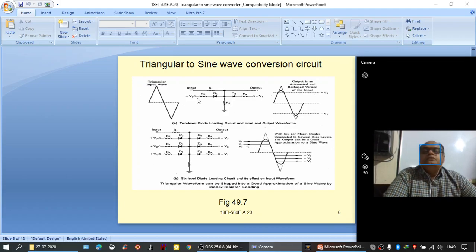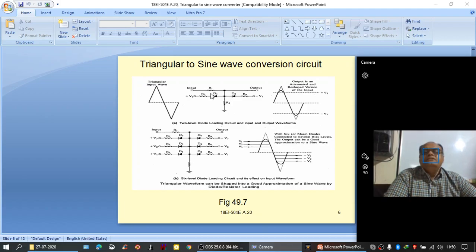At one particular voltage, when Vin by R1 plus R2 into R2, nothing but the output voltage, becomes slightly greater than V1, diode D1 starts conducting.